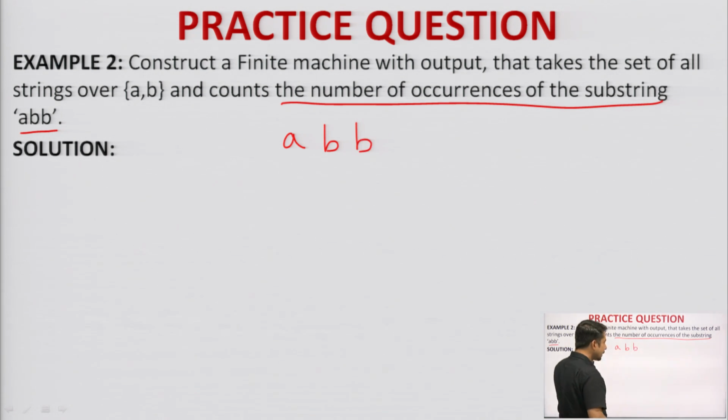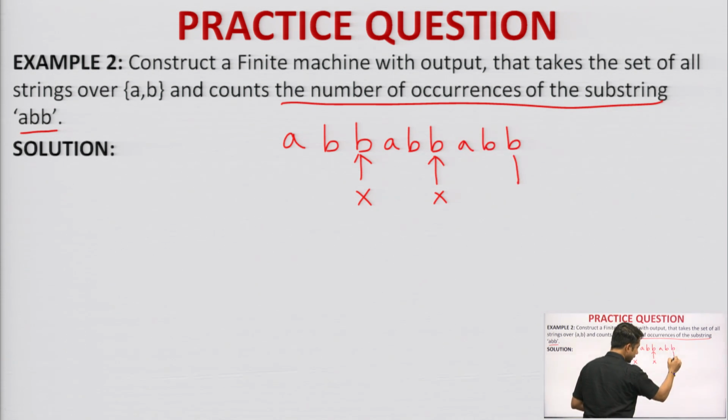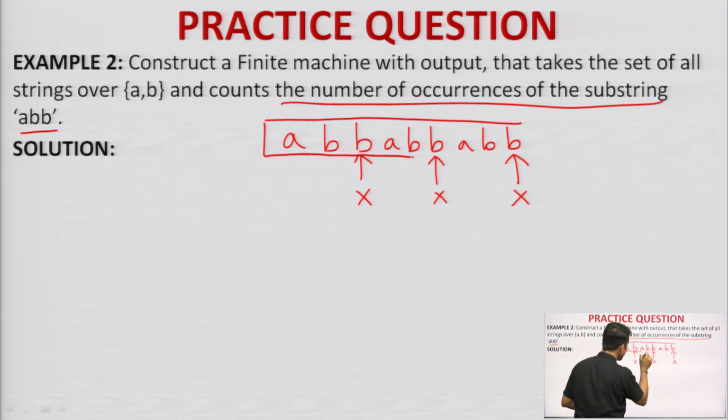How to do that? One thing we can do is that whenever we reach b, suppose the output should be x. Okay, I am just trying to tell you the logic, you try to design the machine. Suppose I say a b b, it should produce x. Suppose I say a b b, it should produce x. So, overall if you look into this string, how many times has a b b occurred?